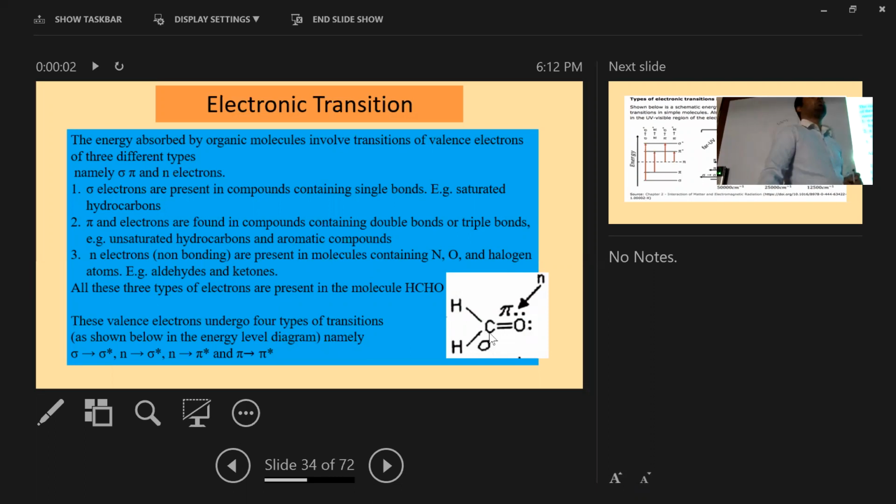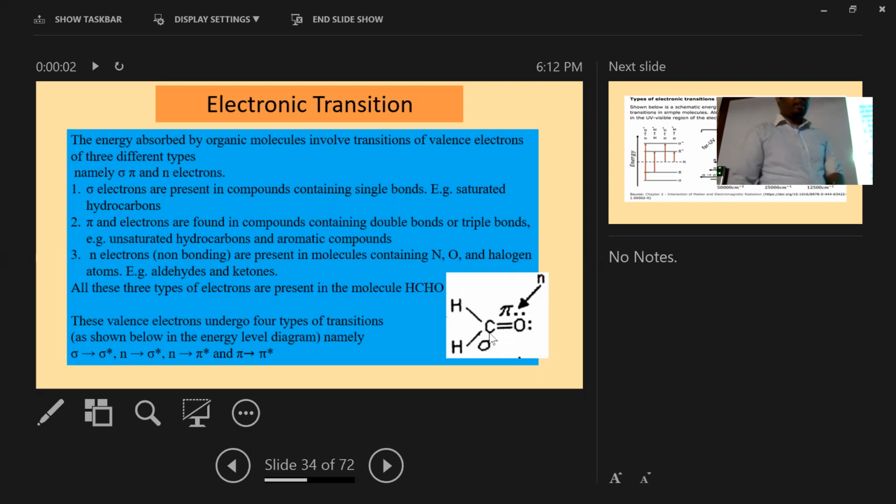N electrons, that means non-bonding electrons, are present in molecules containing nitrogen, oxygen, sulfur. If you have any molecule containing these types of lone pair, this oxygen has two lone pairs. It is not bonded to anyone. Therefore, these non-bonding electrons are represented as N electron. You can excite this electron also.